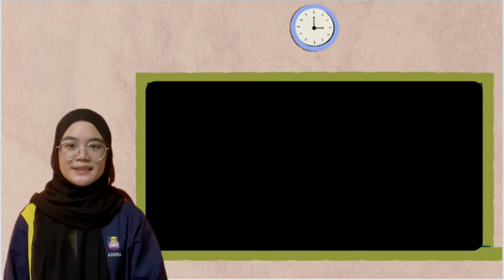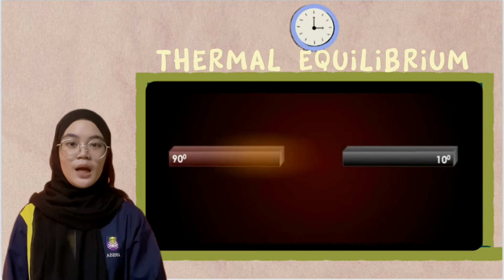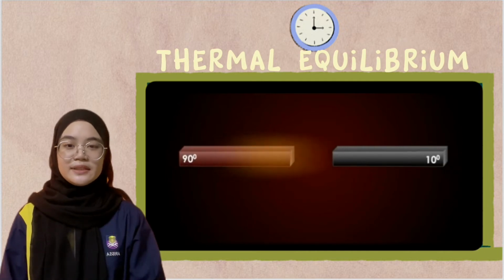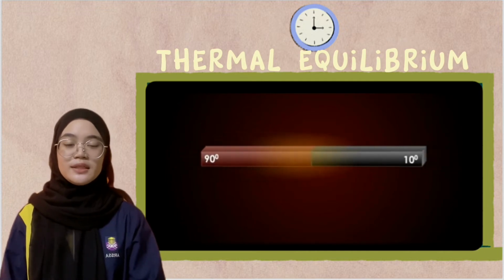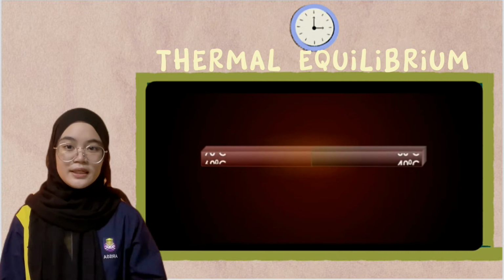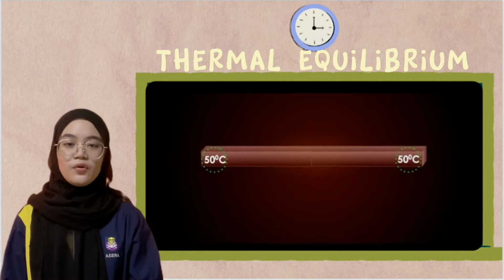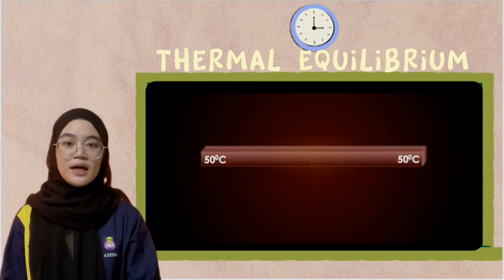Okay, without wasting time, let's get into the next topic in this chapter, thermal equilibrium. When two bodies at different temperatures are in contact with each other, heat is transferred from the hotter body to the colder body. A state is reached when no heat will flow from one body to the other.